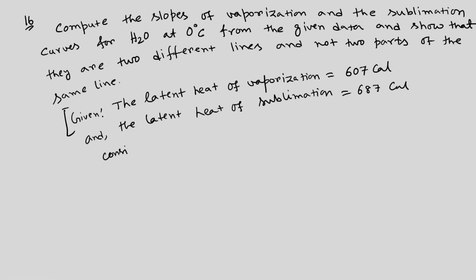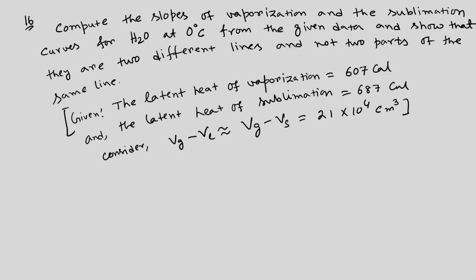Consider volume of gas minus volume of liquid equals volume of gas minus volume of solid equals 21 times 10 to the 4 centimeter cubed. So, this problem is based on phase rule.